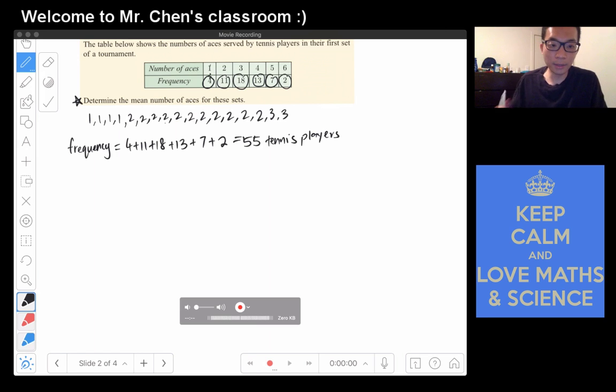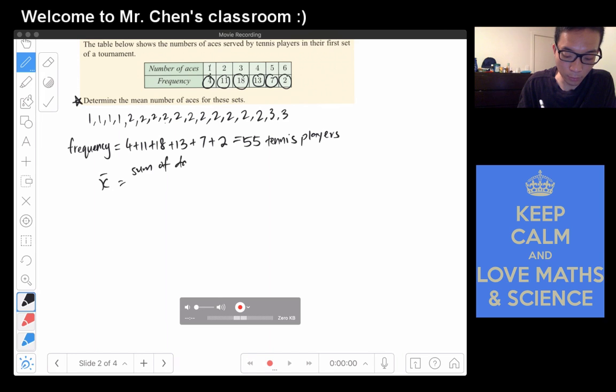Once you know what that means, then you need to find the mean. So the mean is again the sum of data values divided by the number of data values. So there are 55 of them.